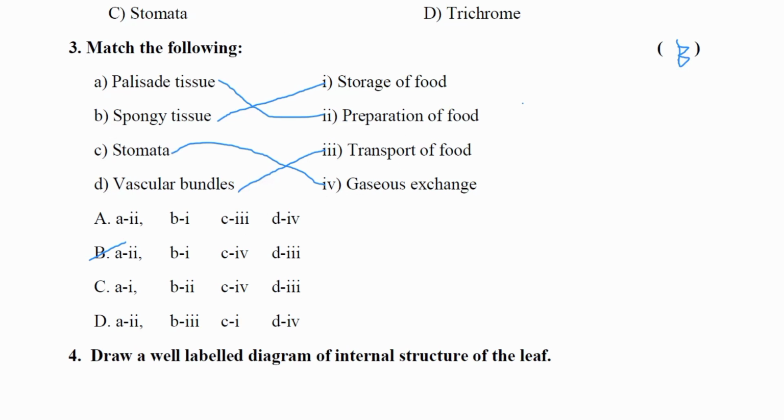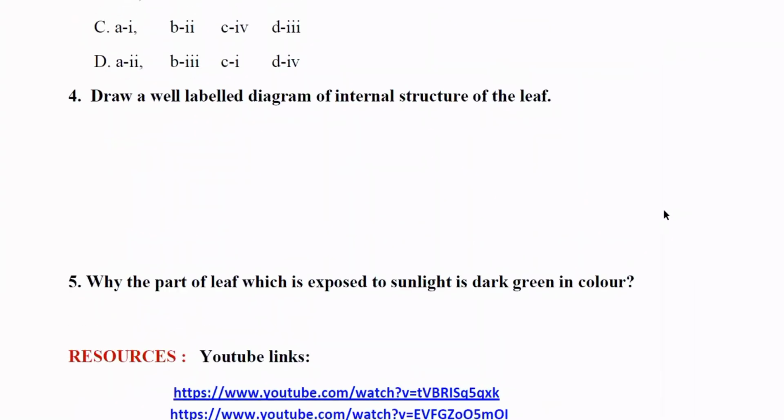And next, you can draw the labelled diagram of the internal structure of the leaf, and you can draw this easily. This is the upper epidermis. This is the lower epidermis.